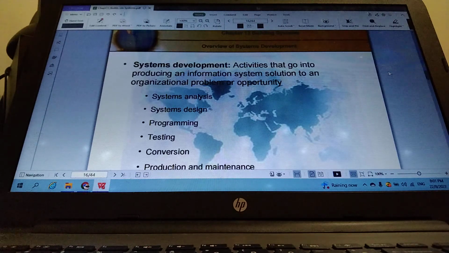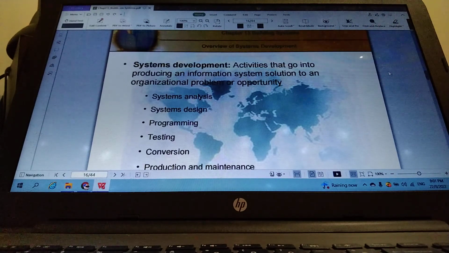What we're going to look at in the next number of slides are the activities involved in producing an information system.